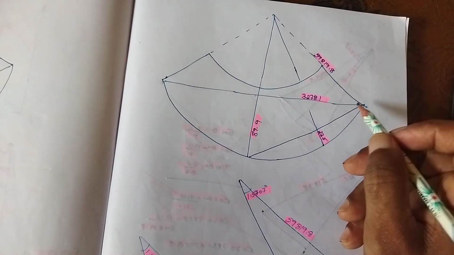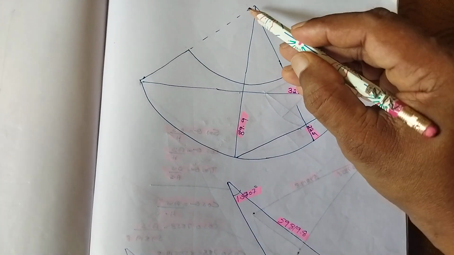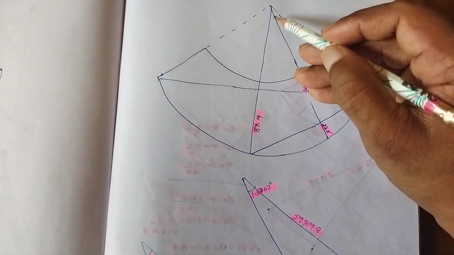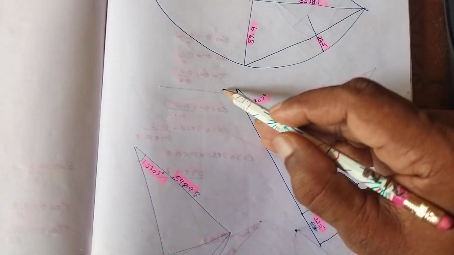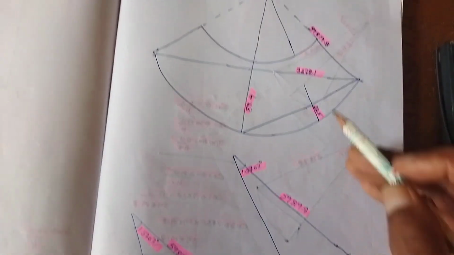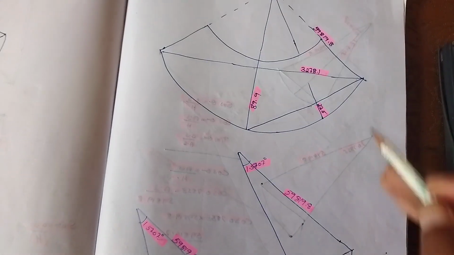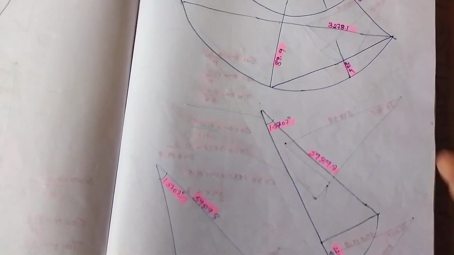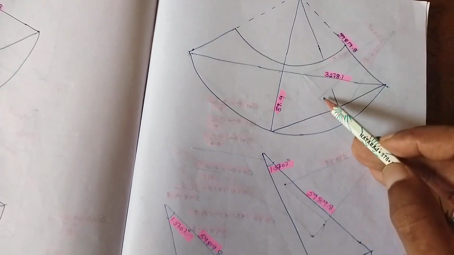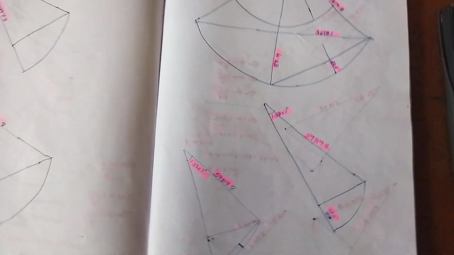For that purpose, I am not writing all these triangle drawings. I am just taking this triangle only. I just made this line to here, and this triangle has come here. To avoid confusion, I drew it again.